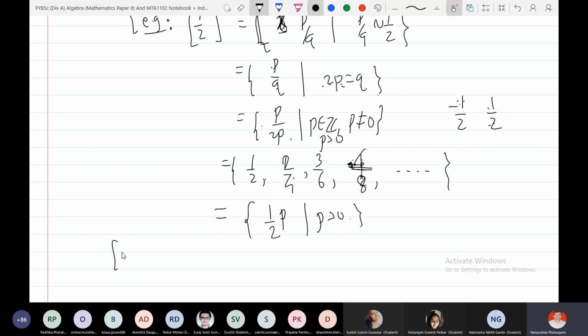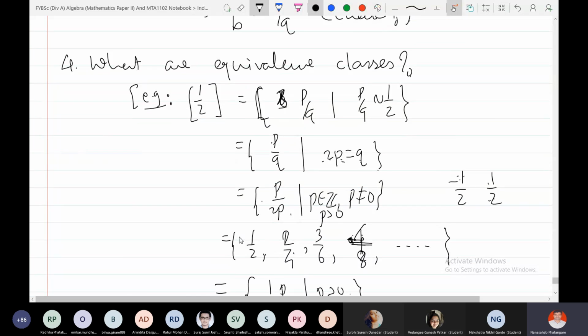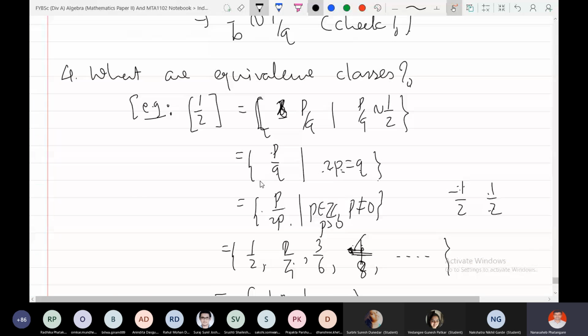Now what is the class of minus half? You check this, right? You find out the class of minus half, and similarly you find out the classes of all the possible elements.